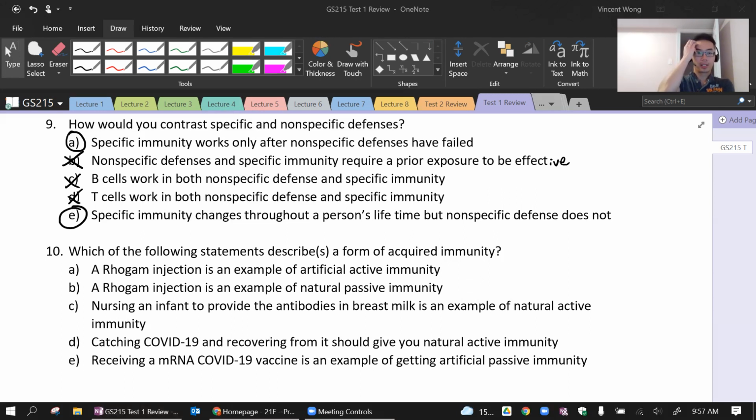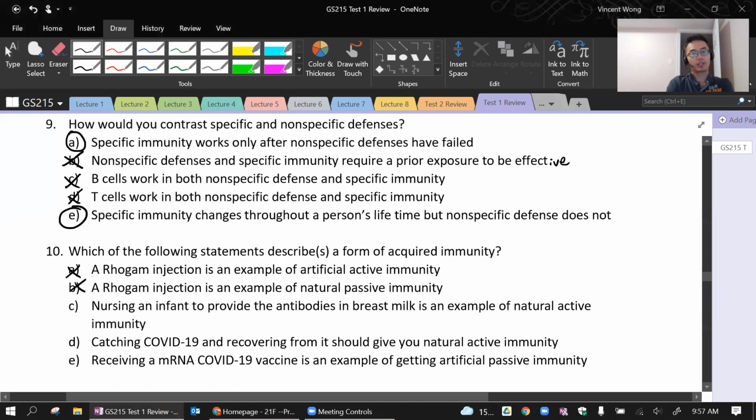All right, let's take a look at this. A RhoGAM injection is an example of artificial active immunity. Well, RhoGAM is not to give you immunity, right? It's to be given to Rh negative mothers to prevent sensitization. So RhoGAM is not a type of immunity.